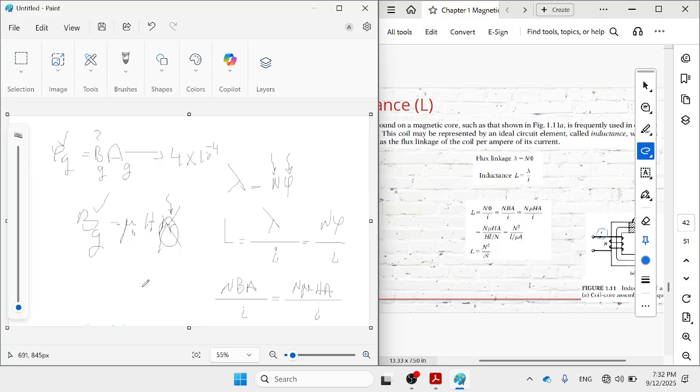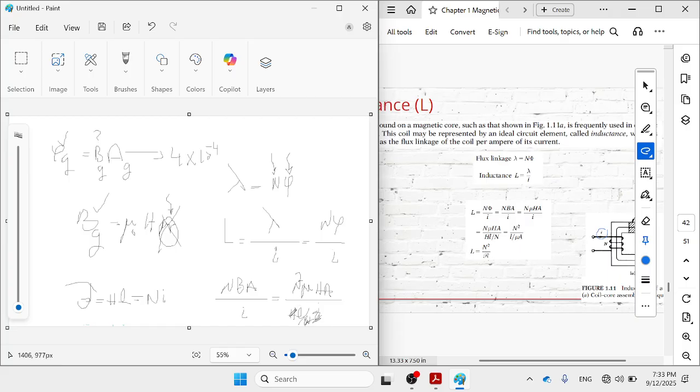Then how can we represent I? We know from the MMF formula, HL equals NI equals R phi, correct? So I is H times L over N. So we can move this one from the denominator to the top side, which becomes N squared, correct?